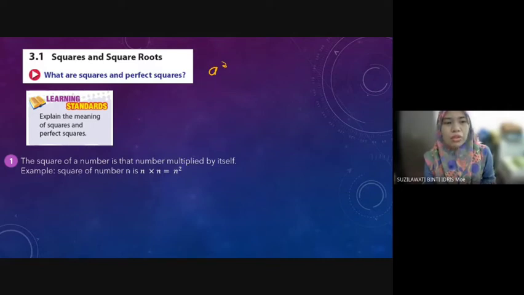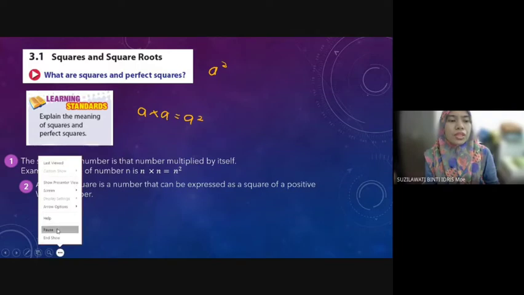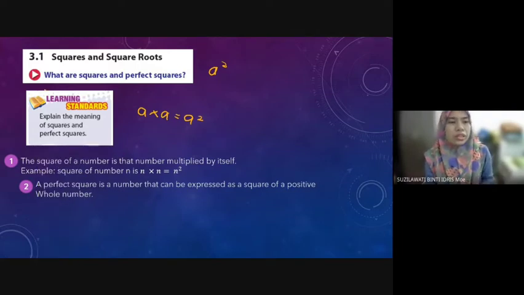For example, the square of number n is n multiplied by n, equal to n squared. Number a multiplied by a equals a squared.